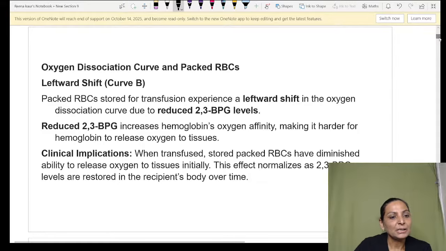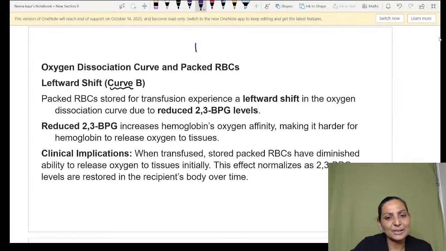Now see, the oxygen hemoglobin dissociation curve is shifted to the left when packed RBCs are being given, or in the transfused blood. This occurs when the blood is stored in the blood bank, before it is given to individuals, just before transfusion.